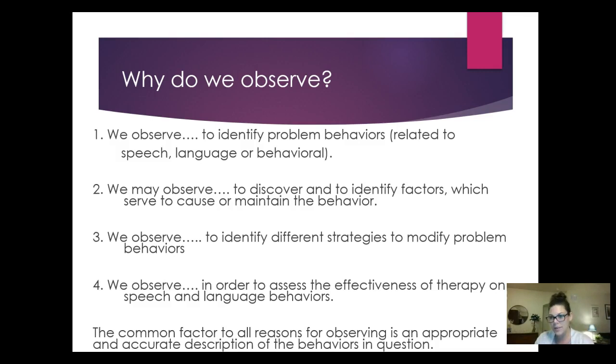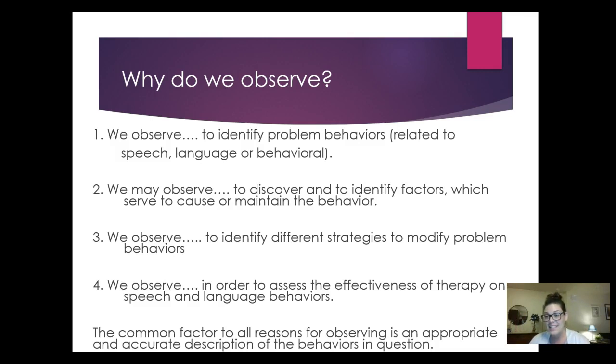So we're constantly observing. If a child has 80% or more accuracy when we're working on S, and now they're keeping their tongue behind their teeth, that's a good thing. So what we're going to do next is bump it up and make it more difficult. I'm not going to stay at the word level. I'm going to constantly observe and then make it a little bit more difficult. And now we're going to do phrases.